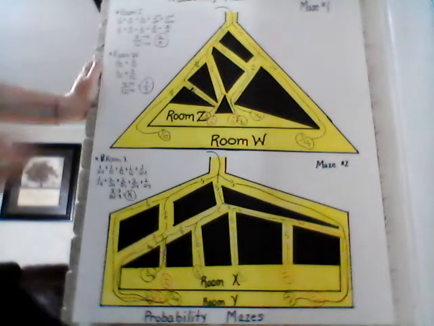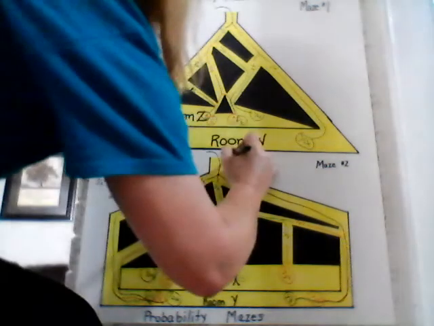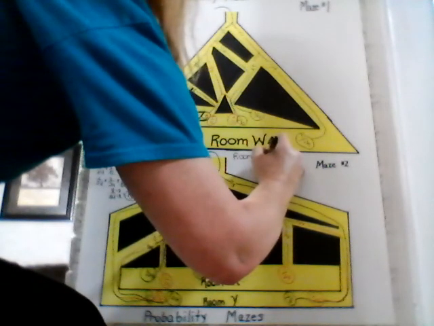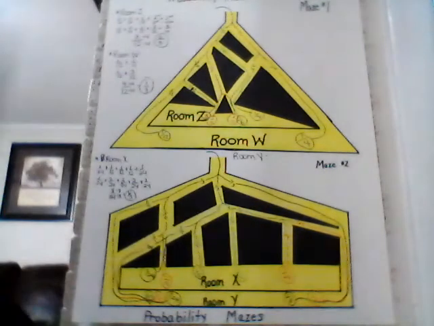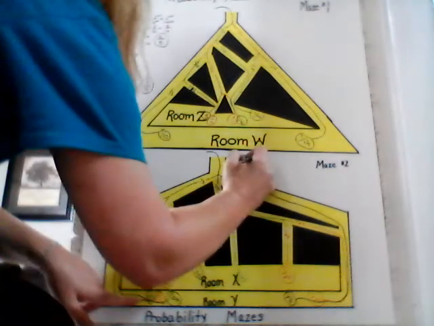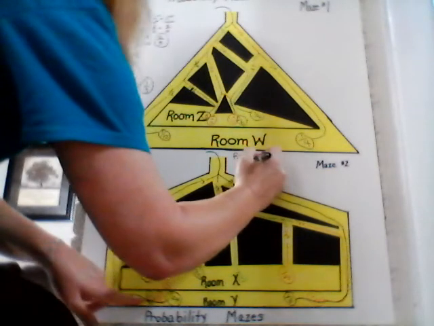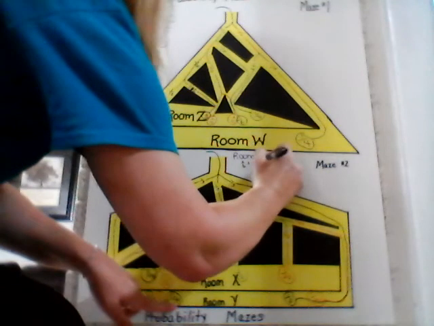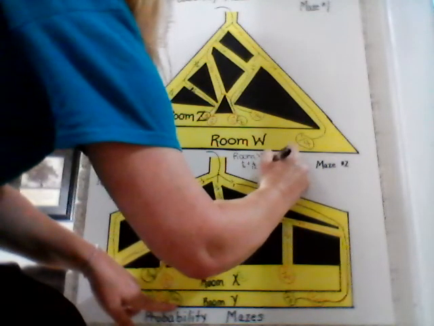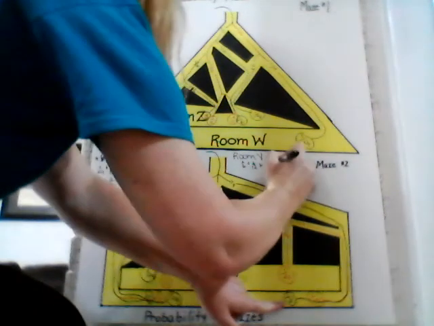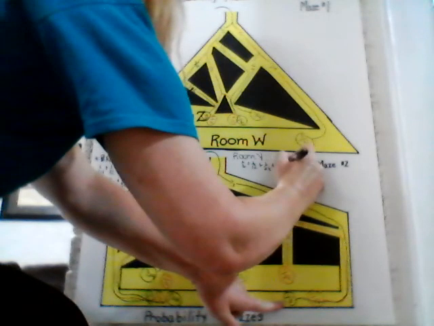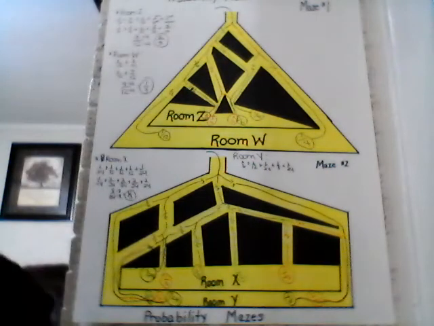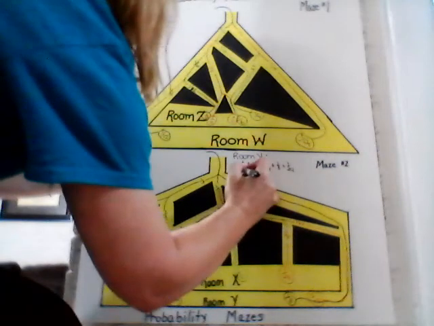And if we did it correctly, then that means 2/3 of our liquid will end up in room Y. So let's see what we have in room Y. We have 1/6 plus 1/12 plus 1/24 plus 1/3 plus 1/24. Now again, you have to find a common denominator. In this case, it's going to be 24.